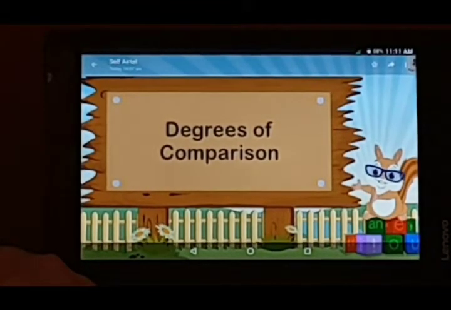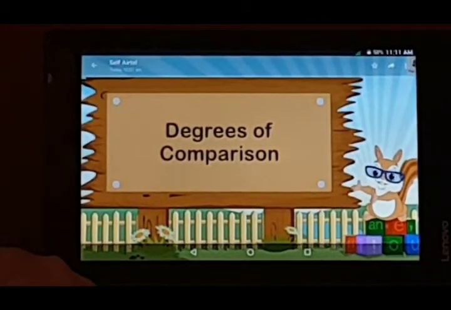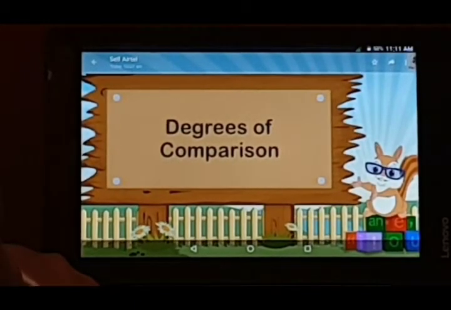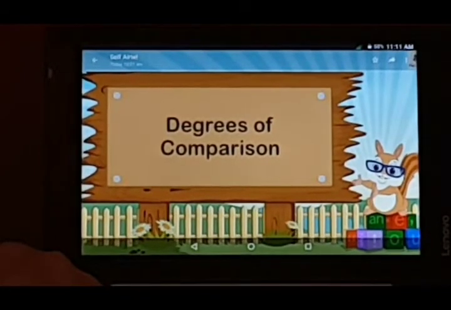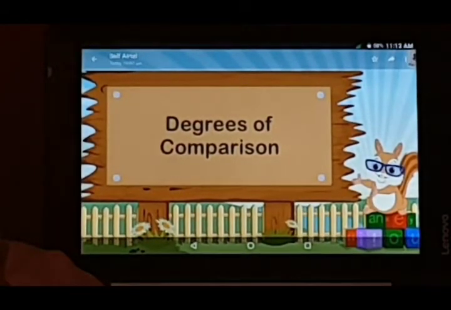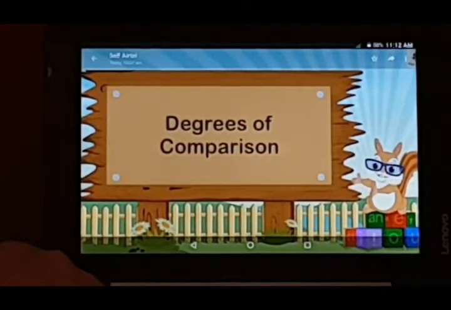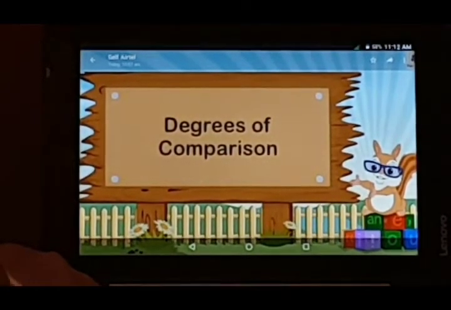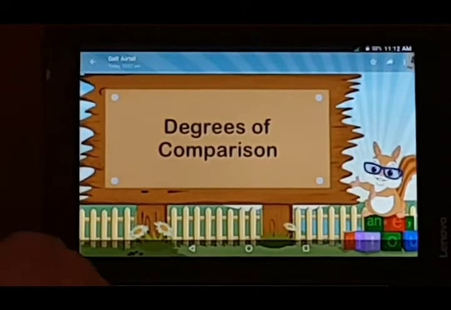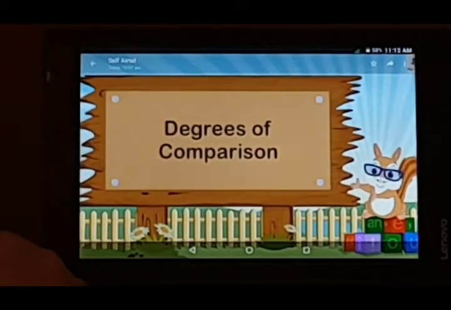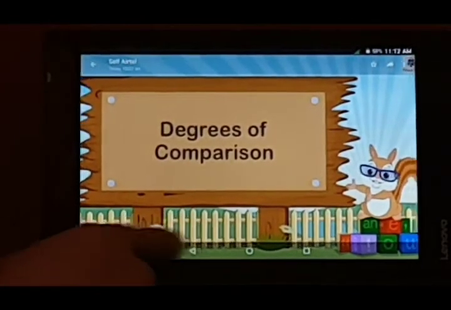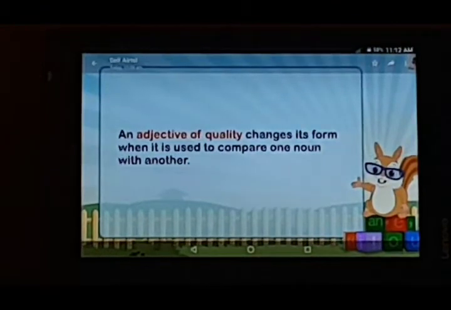So here we are talking about the adjectives, the qualities of nouns, by talking about the quality of one noun or comparing it with another. We can also compare the qualities of more than 2 or 3, and the number can be any number. So degrees of comparison is our next topic.